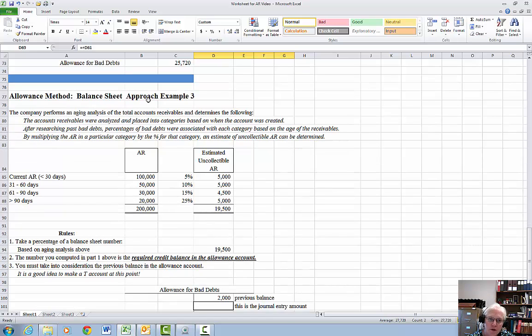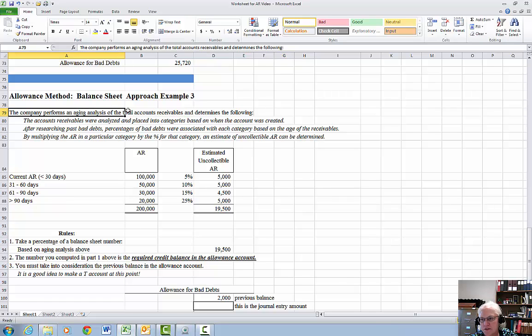Okay, the third example for the balance sheet is a little bit different. We're still working with balance sheet accounts, and what a lot of companies do is what's called an aging analysis of the total accounts receivable. So they've analyzed all the accounts and placed them into categories according to when the account was created.